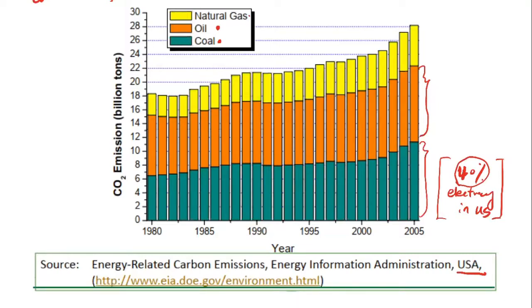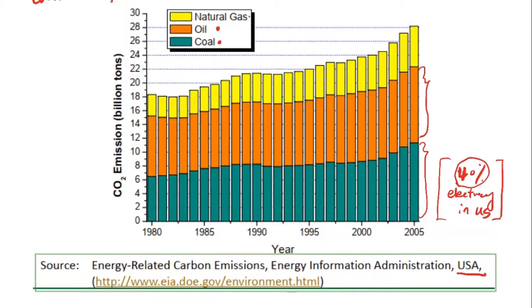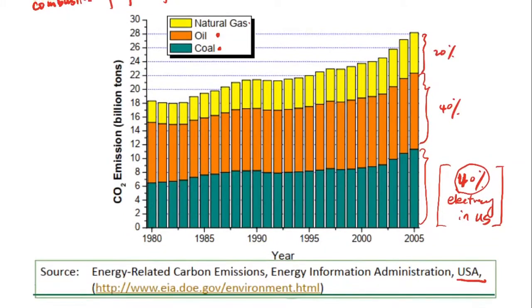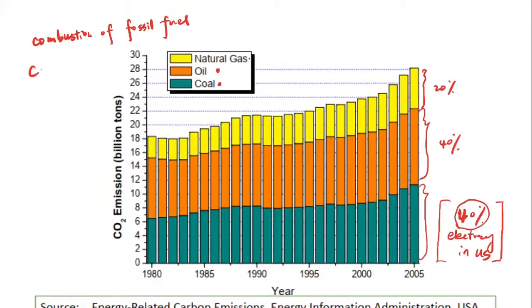So gradually replace these coal-fired power plants with some cleaner energy. So you can see that oil also provides around 40% of the total carbon emission, and natural gas is around 20%. So basically the carbon in these fossil fuels, when they're combusted, when we extract the energy out of it, will get converted into carbon dioxide.